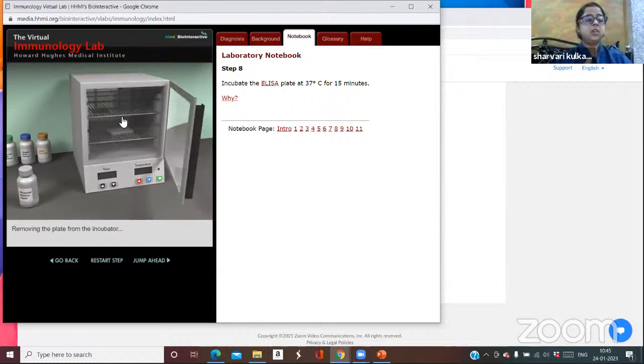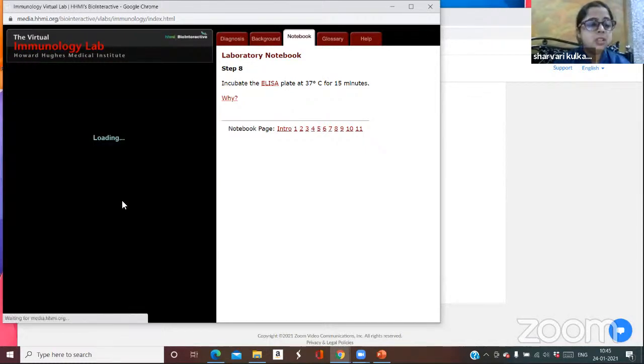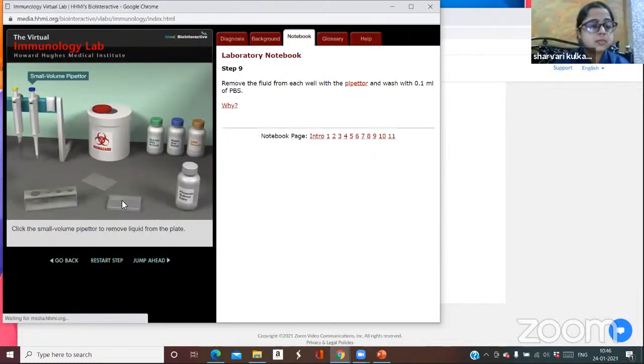Yes. Now we will click on incubator. Remove the plate. Click the plate. Remove the liquid from the plate.